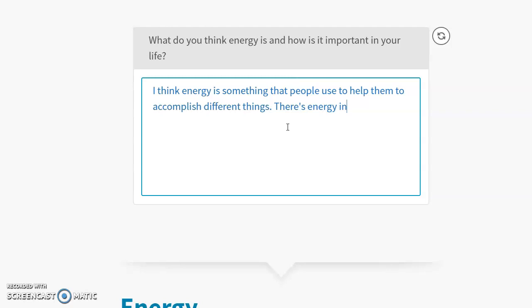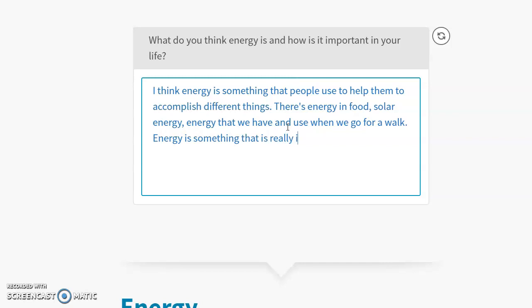There's energy in food, solar energy, energy that we have and use when we go for a walk. Energy is really important in life because we use it every single day.